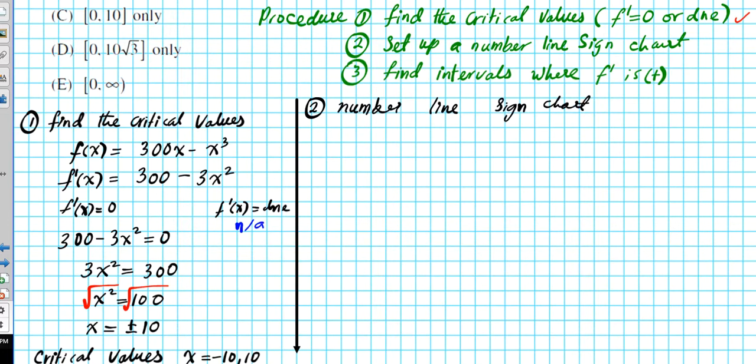We're going to graph the critical values on a number line. This will be an open interval because we do not have any constraints on the domain. So we're going to graph negative 10 and positive 10.